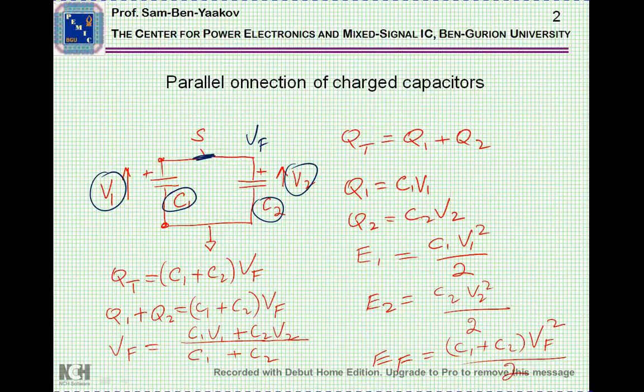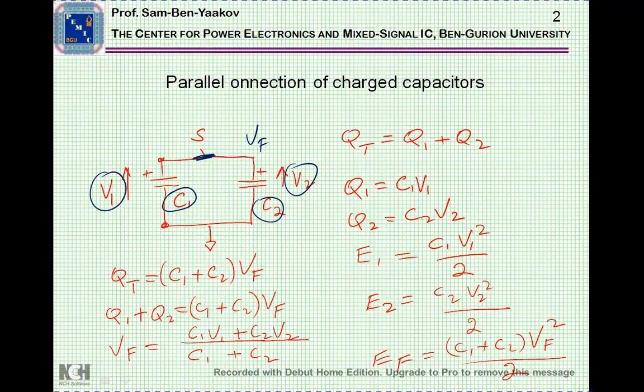Now, there are many ways to treat this case, and there are many analytical methods that one can use. We are going to use the so-called charge balance method, in which we trace the charges that pass from one to another and the total charge.